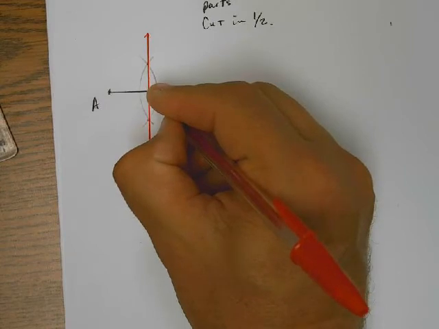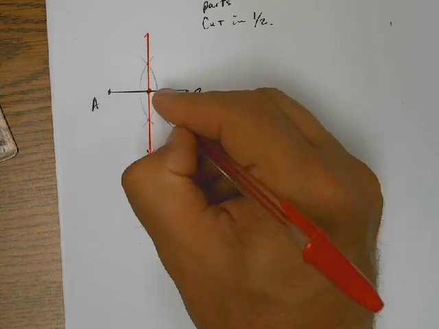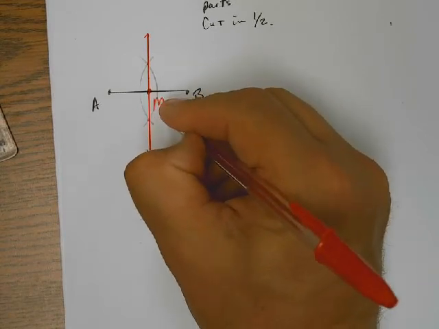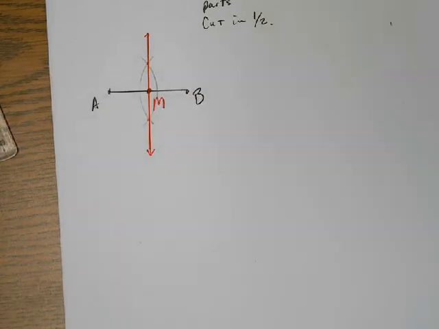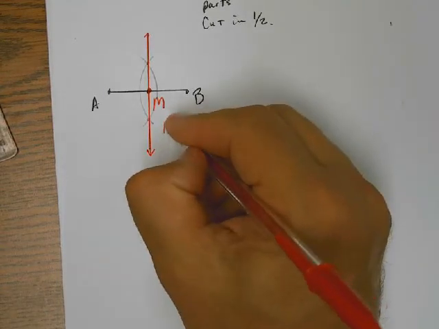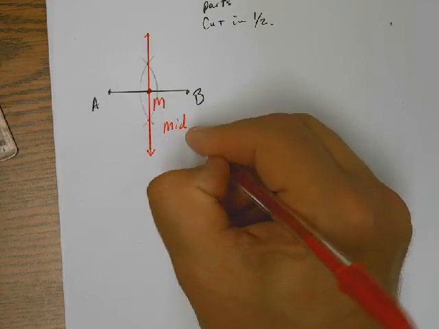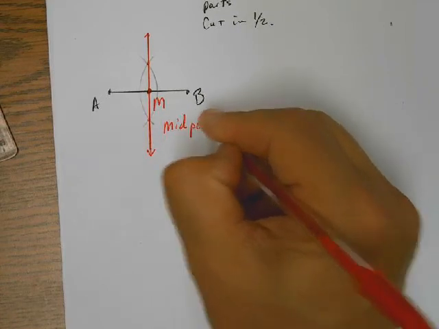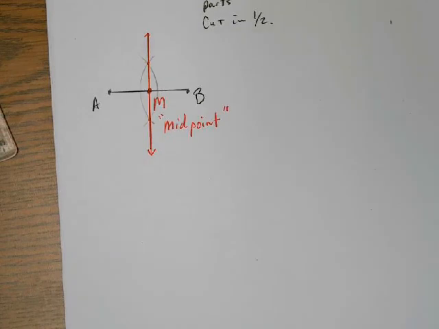That means at this point of intersection right there, I'm going to label that with a letter M, because it's representative of a word that you may not have heard before. That point is called the midpoint. We use it a lot in geometry.